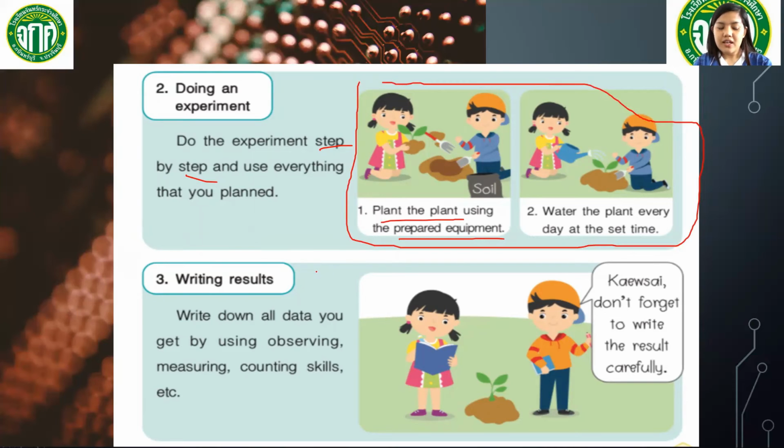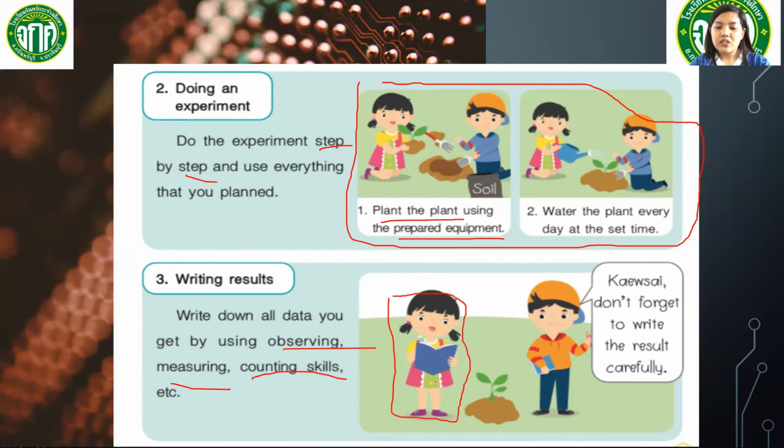Now, the third and last step we have here is writing results. Write down all the data you get by observing, measuring, and counting skills. In here, you are going to write the result.